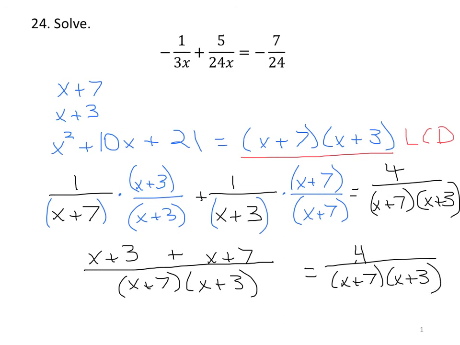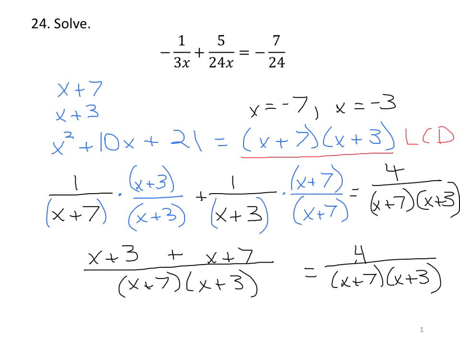Now, before we cancel out our denominators, we need to examine our least common denominator and decide what values of x make that denominator 0. So if x equals -7 or if x equals -3, that makes the least common denominator 0.